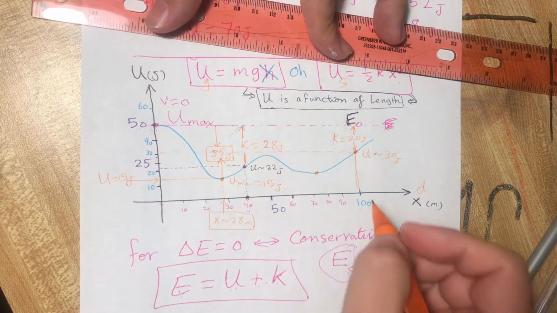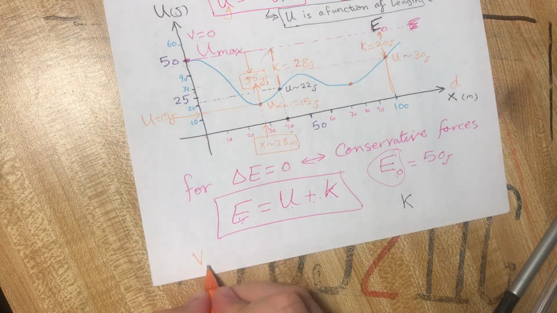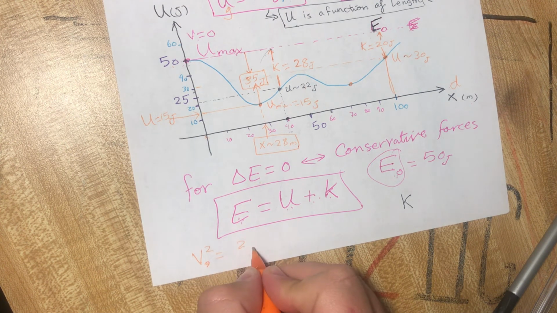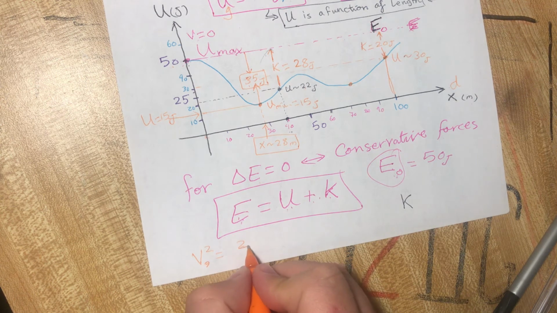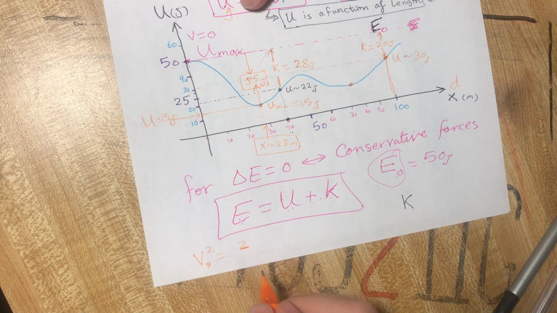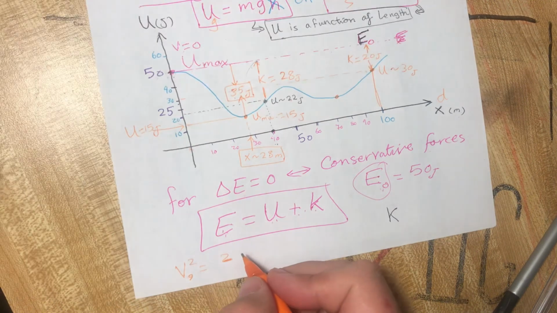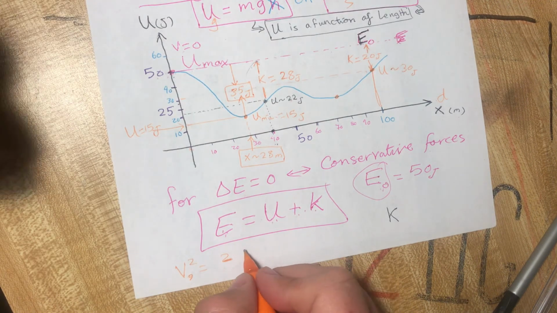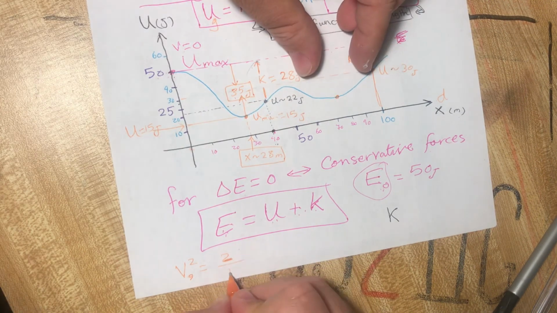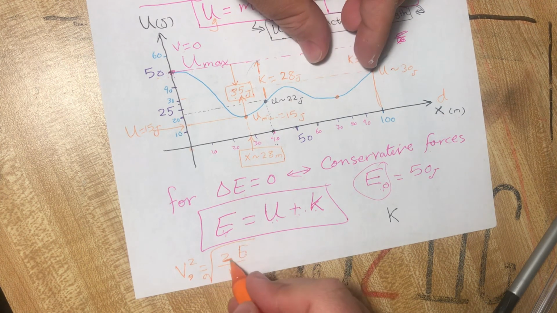From this point I can find V maximum, because V squared is equal to 2 multiplied by the mechanical energy minus the potential energy, divided by m. I think you remember that formula.